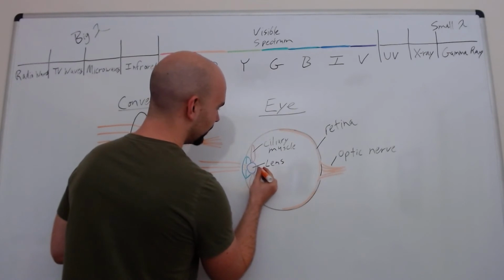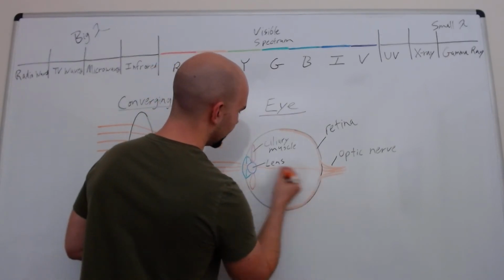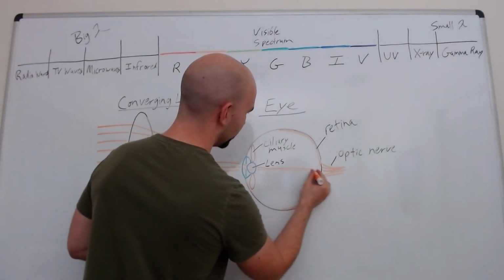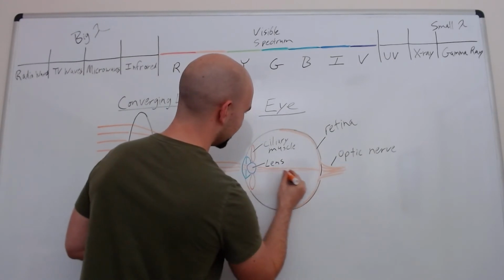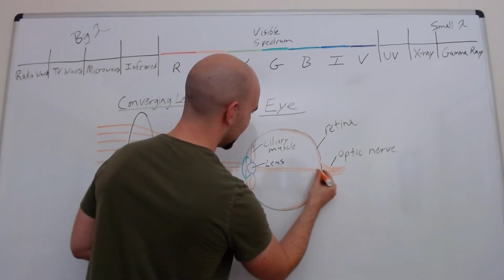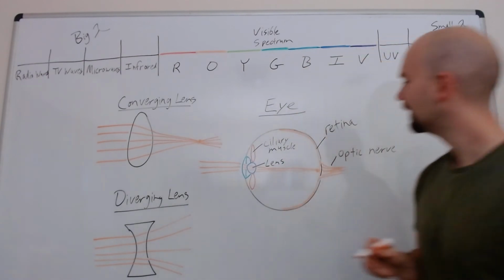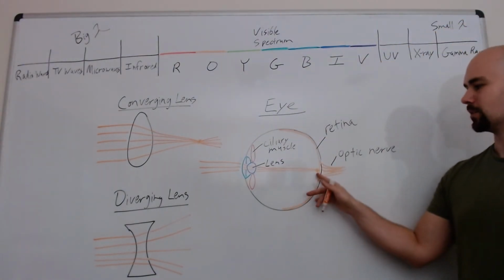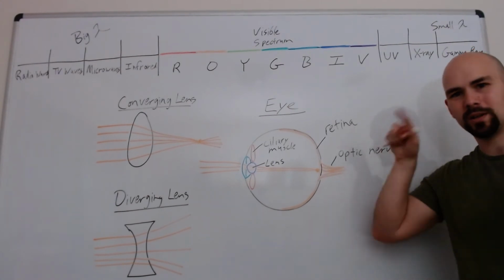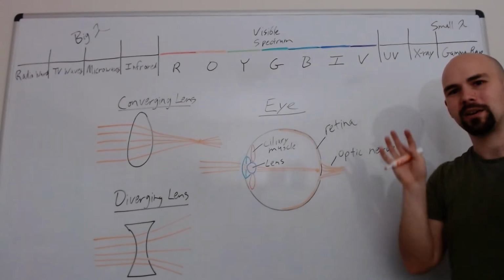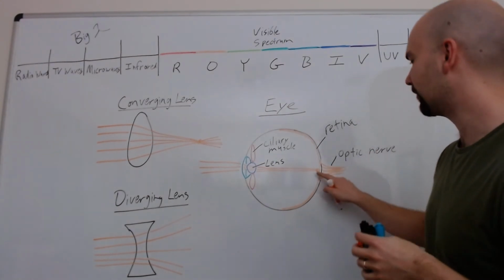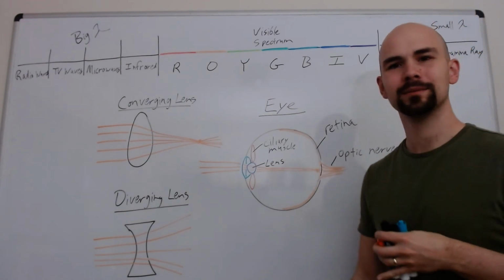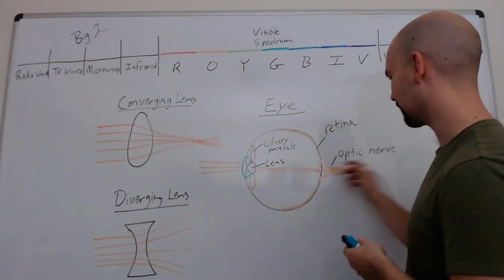And your goal is for it to converge in such a way that it all ends up right on the back of the retina. All of it will converge in such a way that the focal point, in other words, one spot where you could actually pick up that whole picture of all the light, will be right on the back of your eye where the retina is, so then it can travel through the optic nerve to your brain.